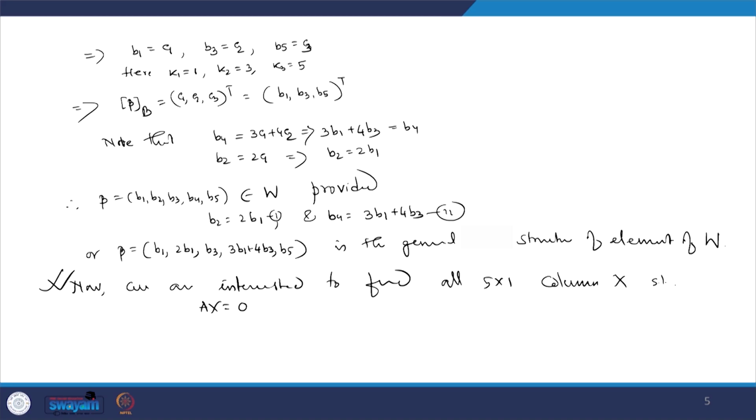Therefore, let us quickly see what Rx equal to 0 is. So, Rx equal to 0 means we have the rows 1, 2, 0, 3, 0 and 0, 0, 1, 4, 0 and 0, 0, 0, 0, 1. So, this is my R matrix.